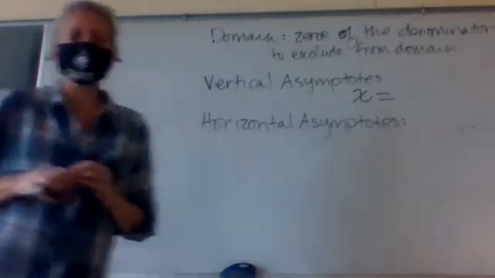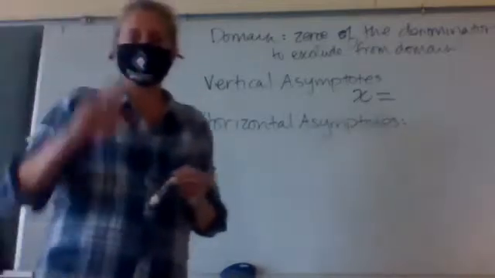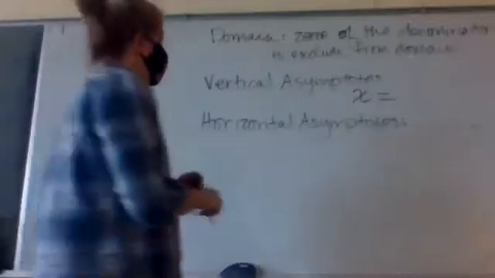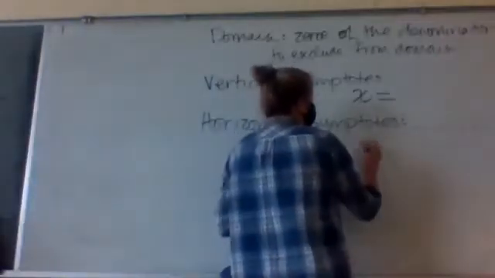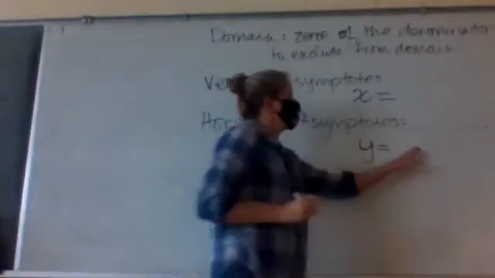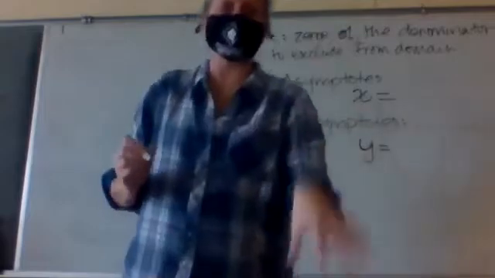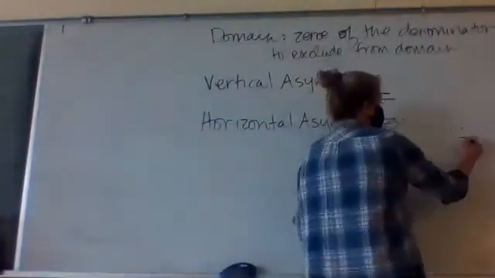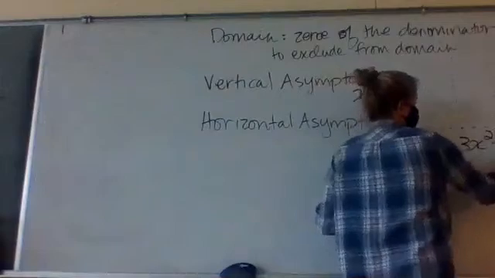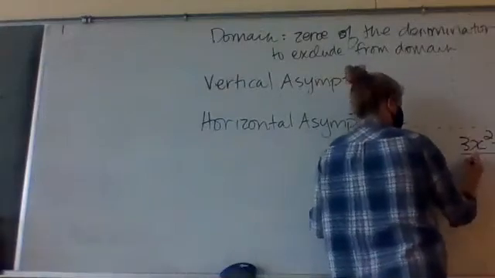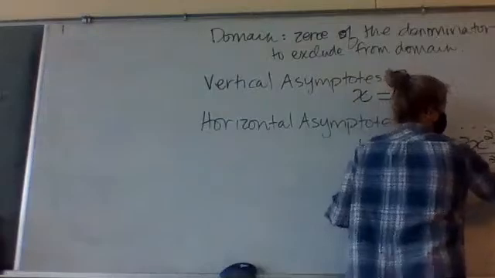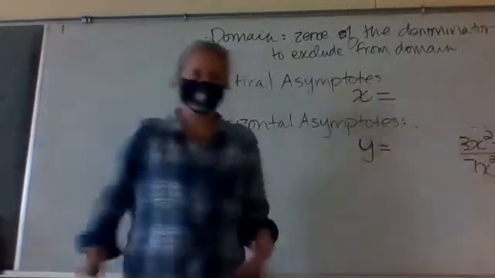And then the last situation was if your degrees equaled each other, then your horizontal asymptote was at y equals, then you would look at the leading coefficient of the numerator and the denominator. For instance, if your function was this, oh, be nice if you could see it.